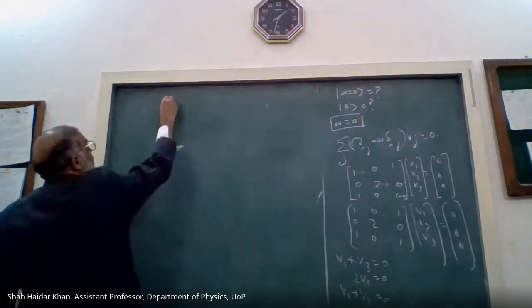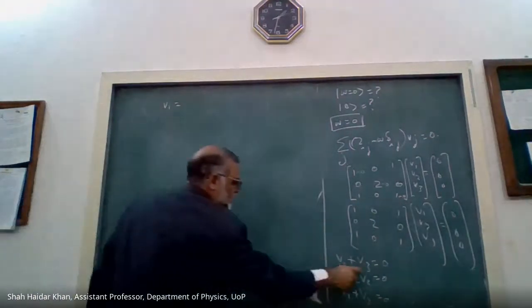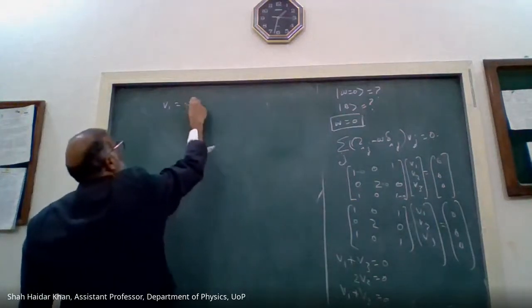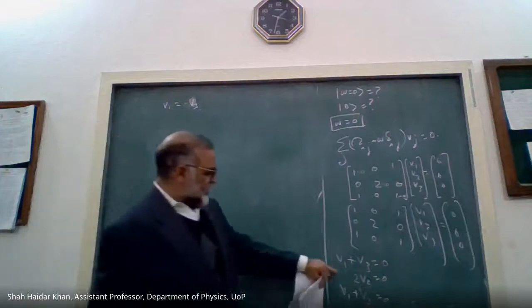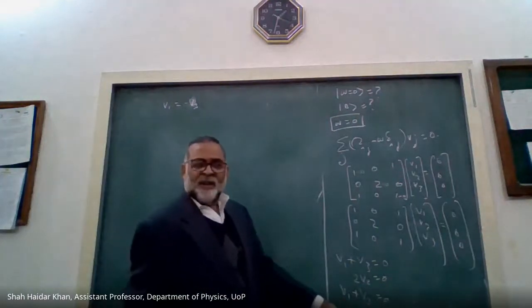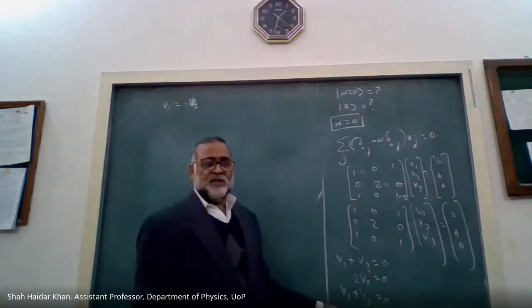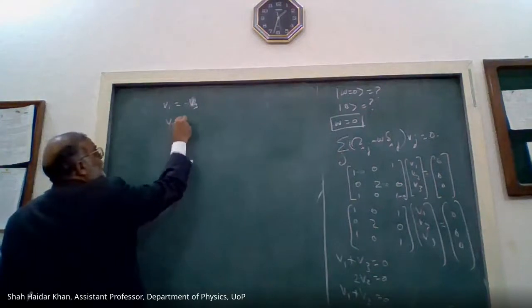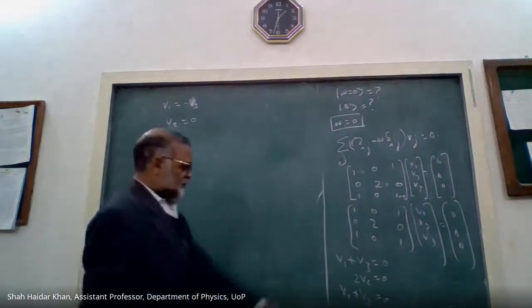Or you can say V1 is equal to minus V3. V1 is equal to minus V3 is not giving extra information to us, the same thing. But the next is V2 equal to 0.